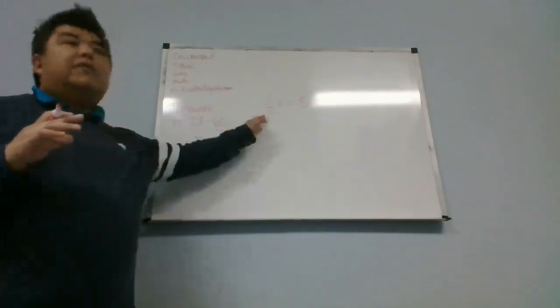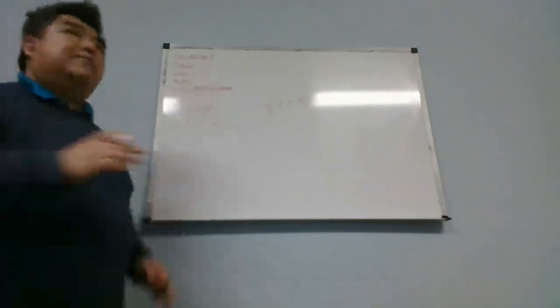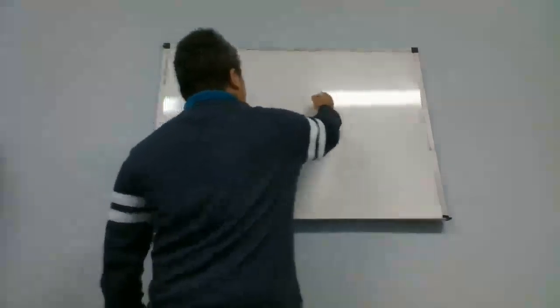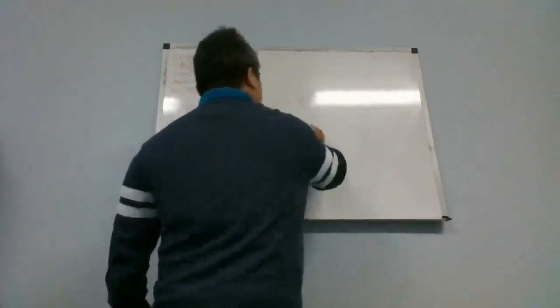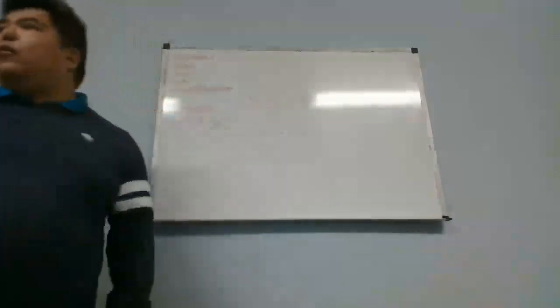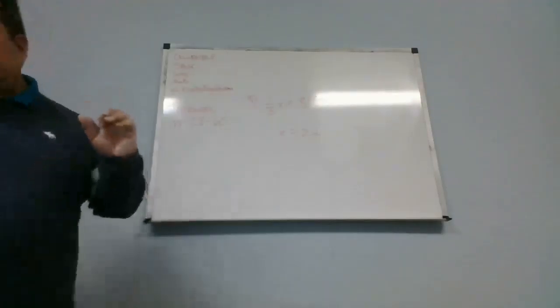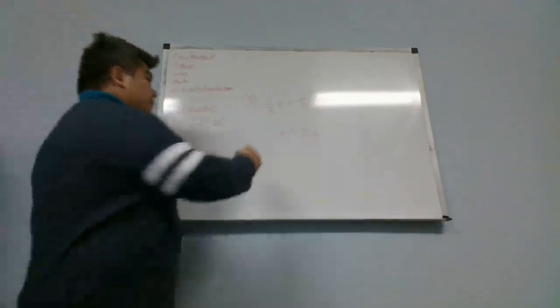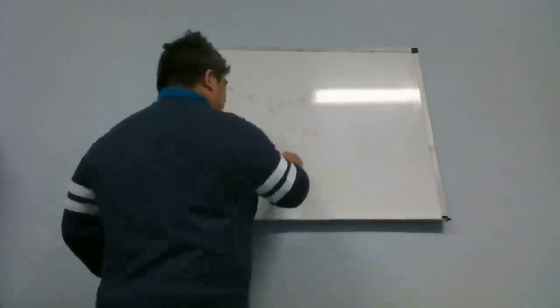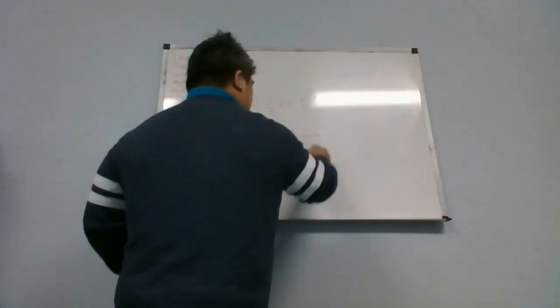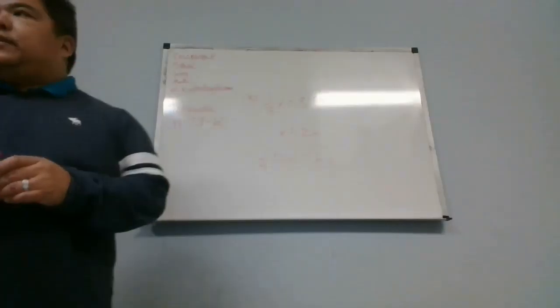This is 1/3, so the opposite of 1/3 is 3. Multiply both sides by 3. X is equal to 24. You use this x and put it in the second part of the equation, 1/4 times x. So your answer is 6.